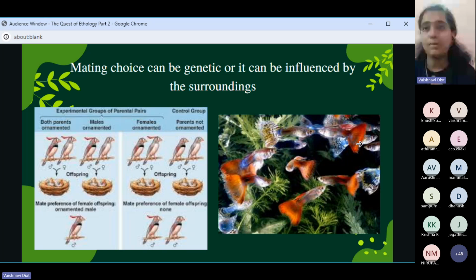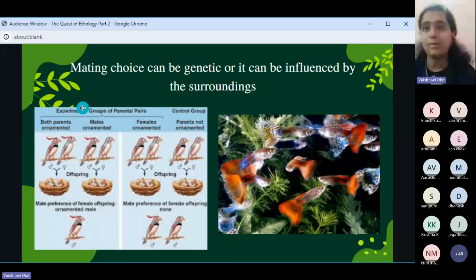In some experiments, it is observed that, suppose the choice lies with the female, in such species the female tends to give preference to a mate who is similar to her father.